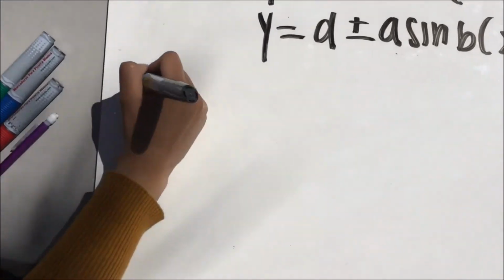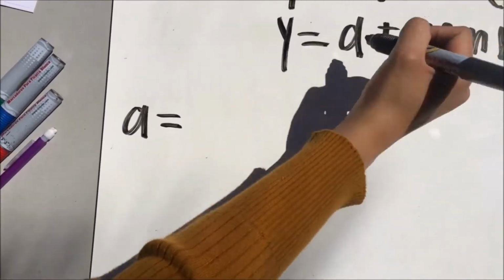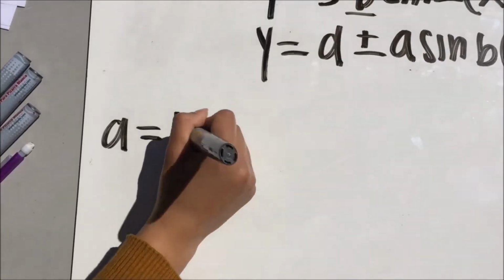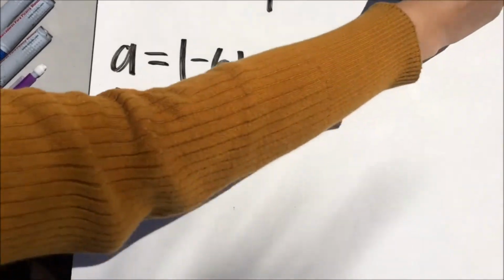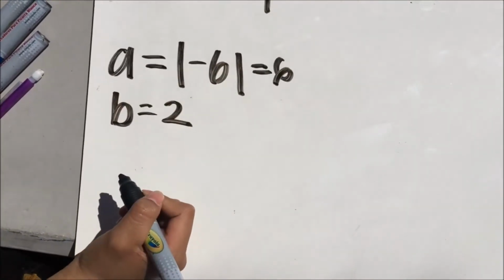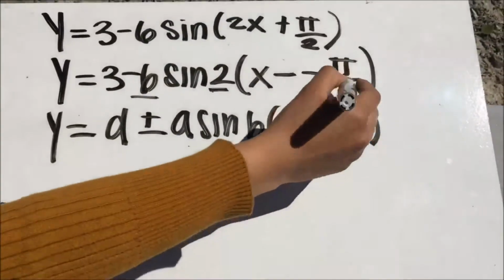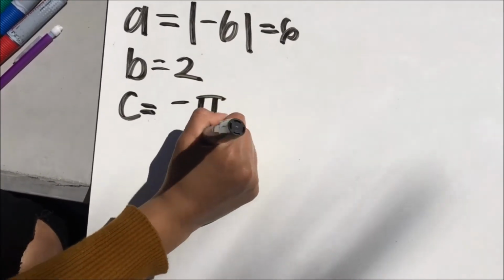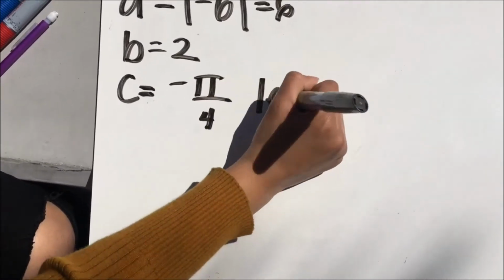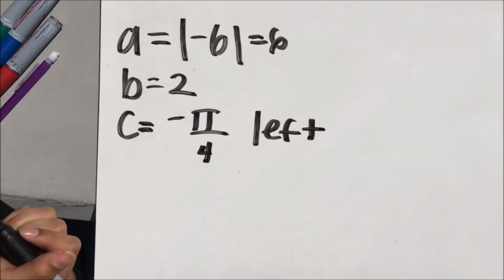So we're gonna find our amplitude, and amplitude is here. Going back is -6, which equals 6. B is equal to 2. And then C is equal to negative pi over 4, which means it goes a horizontal shift to the left.